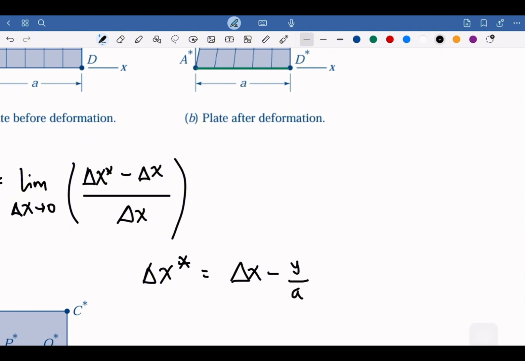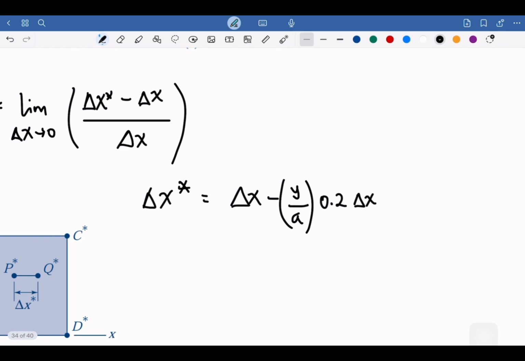Geometrically, we can write this, multiply with 0.2 delta x. So this is just to say that this is going to be the 20% of the original a.